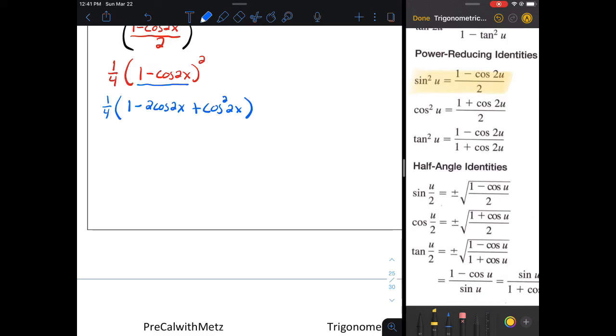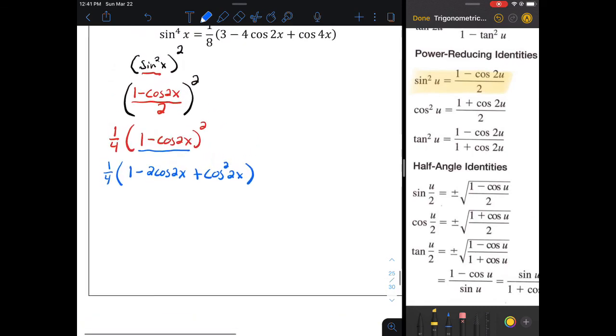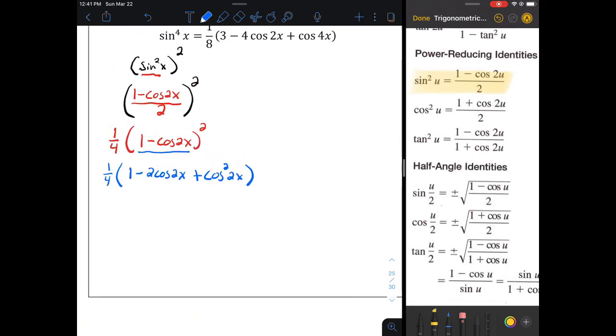All right, so I reduced the power of sine down, and now I'm looking back to where I'm going, and I don't need to have any squared terms. All the exponents of these trig functions have to be 1, so I'm going to have to do a power reducing identity for cosine squared now.